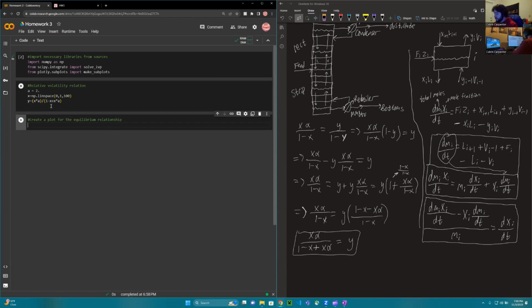Okay, so first we're going to take fig equals make_subplots. Fig.add_scatter.